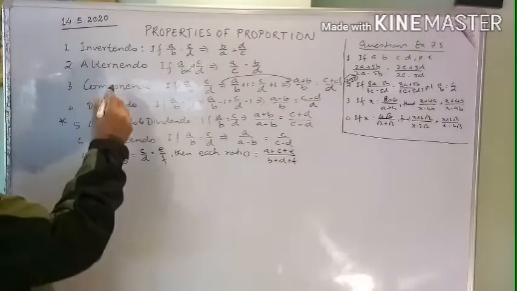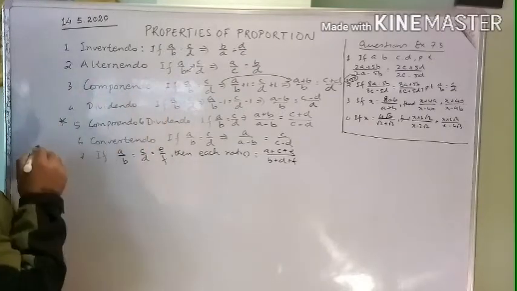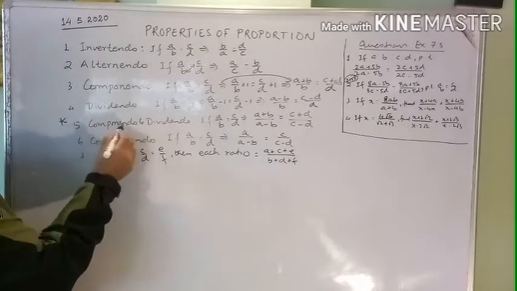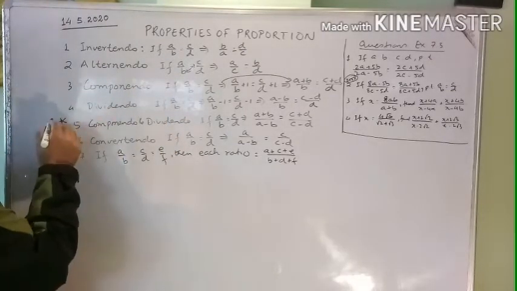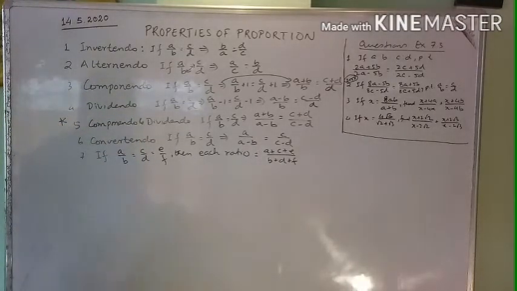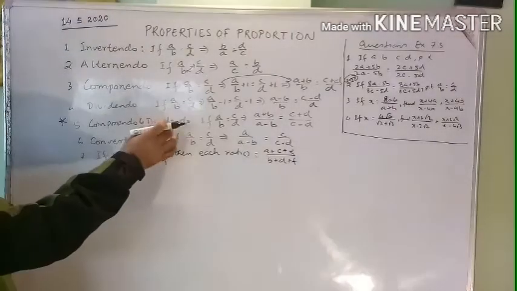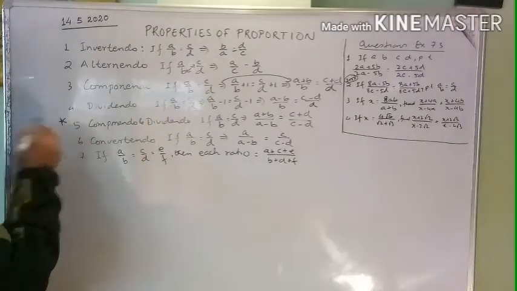Now when you combine these two, we get componendo and dividendo. This is the most important property of proportion. Almost every sum will be using this one, so a star is also given here.